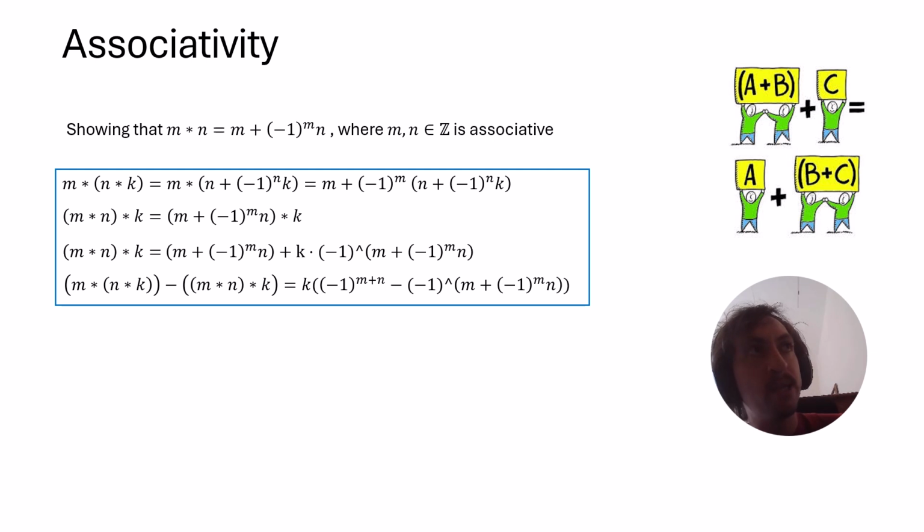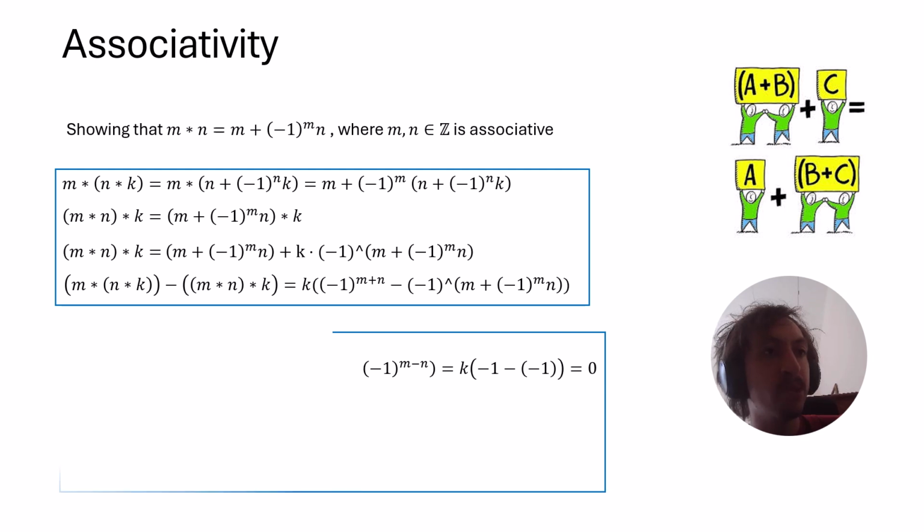And that's related to the idea that if m and n are whole numbers, then minus 1 to the power of something in terms of m and n is either going to be 1 or minus 1.